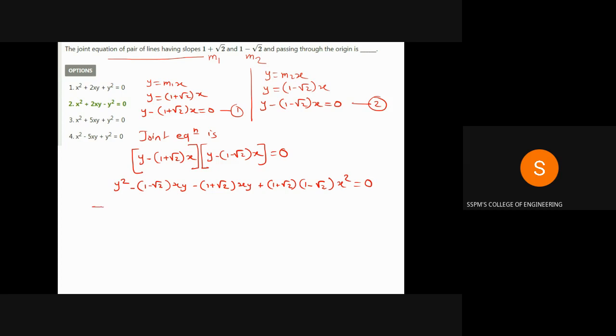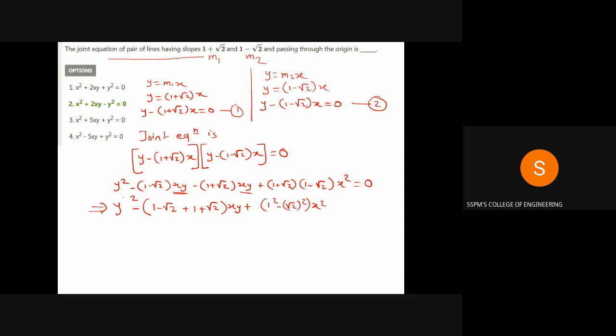Now if we simplify this, we will get y square minus, see this is xy here, this is also xy, so they will be added. Y square minus bracket 1 minus root 2 plus 1 plus root 2 xy plus 1 square minus root 2 square x square.